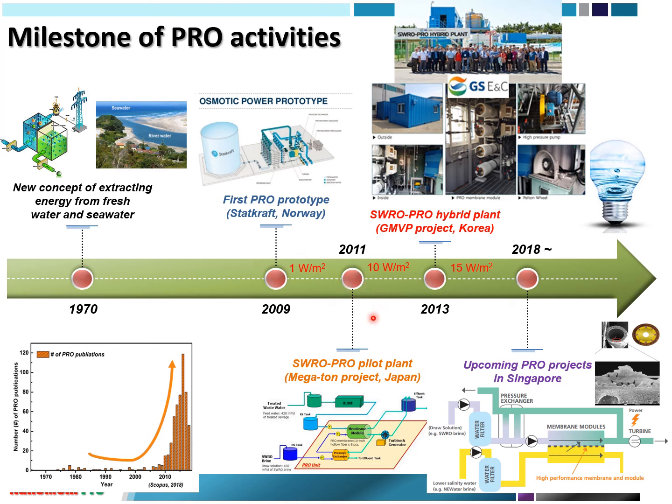That's the reason why in the Megaton project in Japan, they successfully developed the CTA hollow fiber membrane, giving 10 watt per 1 square meter of membrane module. And then in the Korean project, the global membrane distillation valuable product project, they also demonstrated the Toray thin film composite spiral wound module.